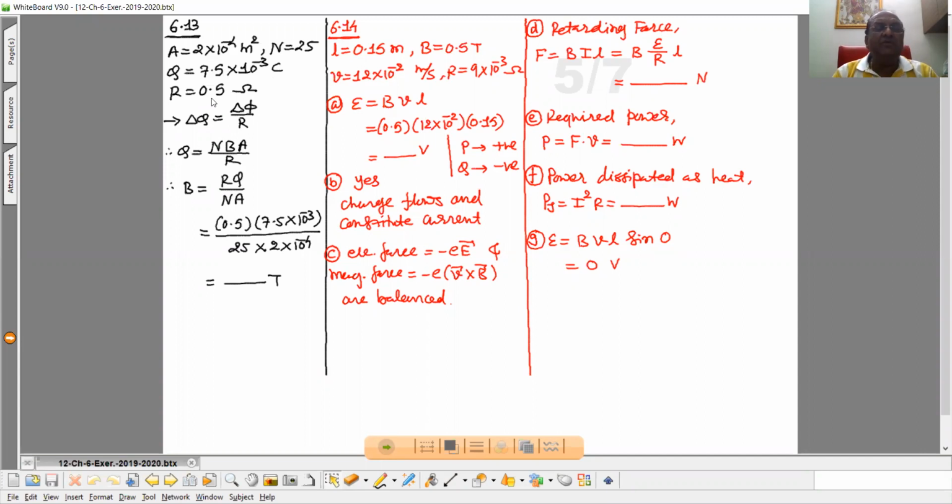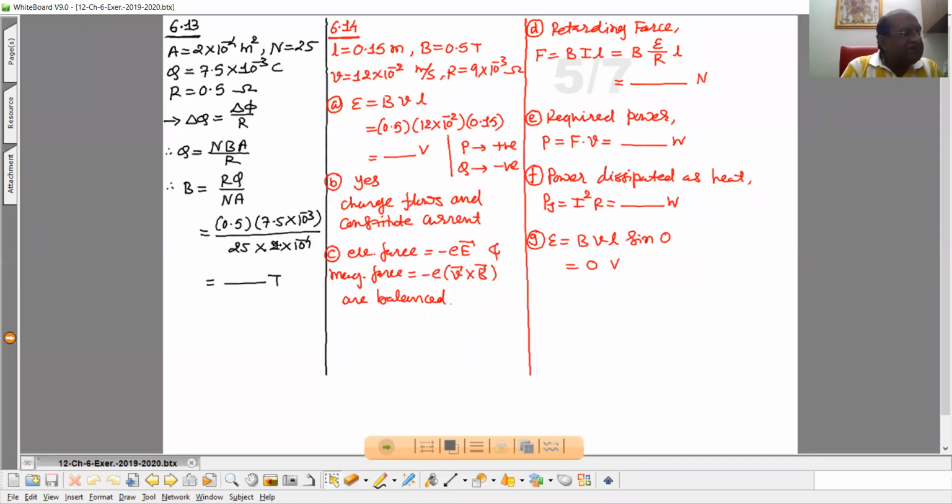Resistance that is given to you 0.5 ohm. So delta Q equal to delta phi by R. We already discussed this equation in theory. Now delta phi, flux, that is NBA, and say this Q, delta Q, that is Q. So now we want to calculate field. So make B as a subject of equation, B, that is RQ upon NA. Your answer. Simple thing.